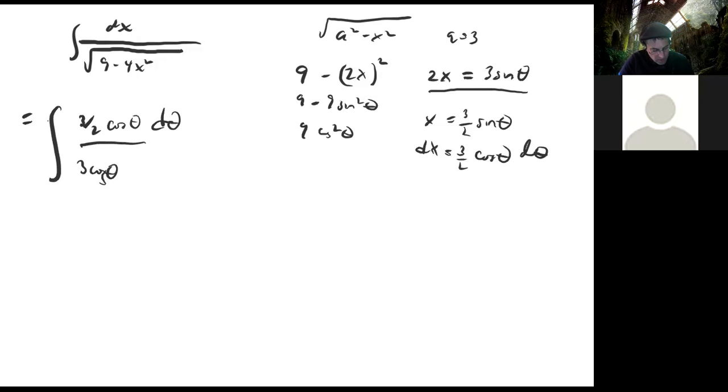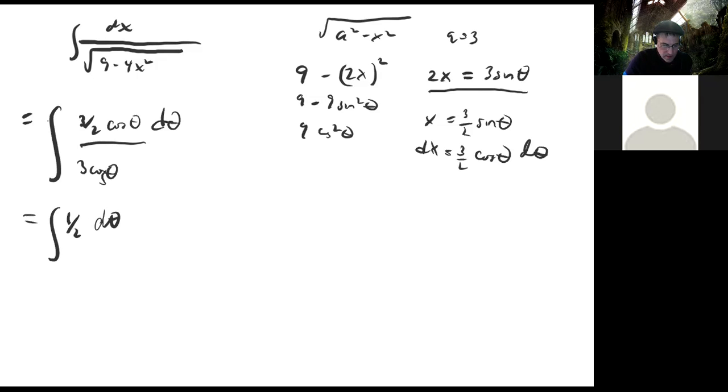So this is the integral of 3 halves divided by 3, which is 1/2 d theta. The cosine thetas cancel. I think that's right.